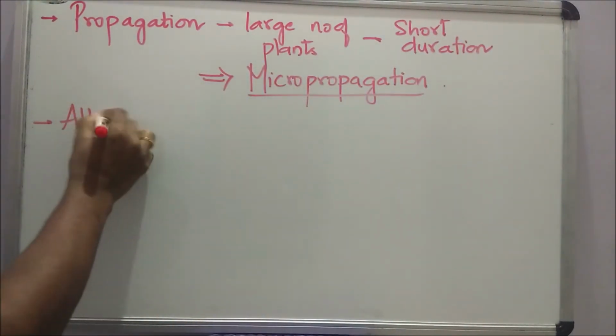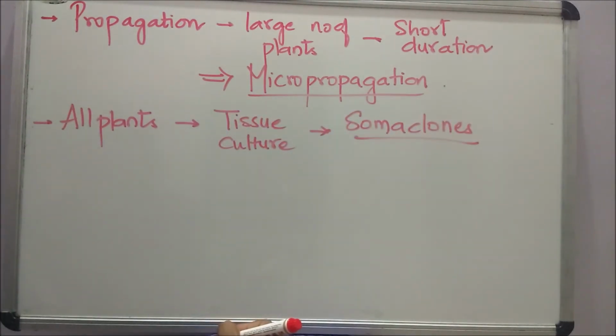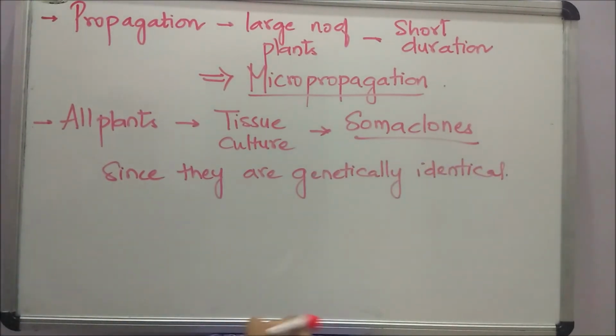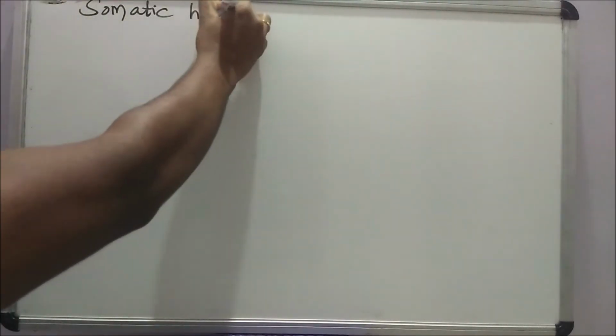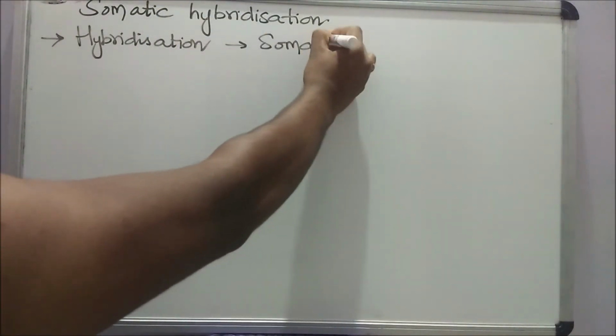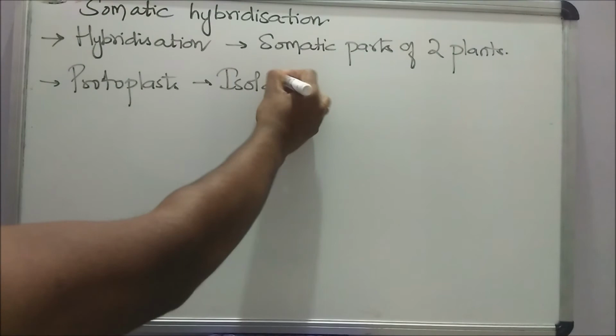All the plants which are obtained through tissue culture are called somaclones, since they are genetically identical to each other as well as the parent plant. There is another process which is used in tissue culture called somatic hybridization. It refers to the hybridization of somatic parts of two different plants.